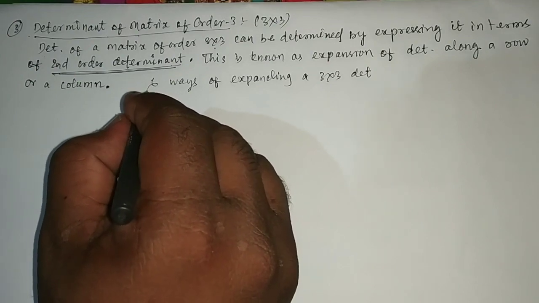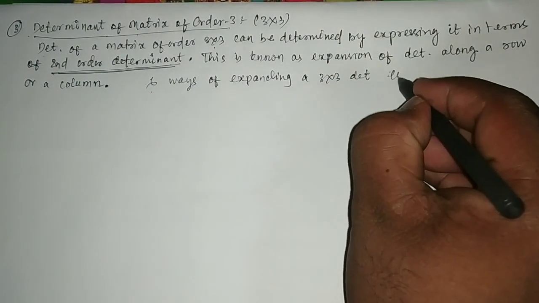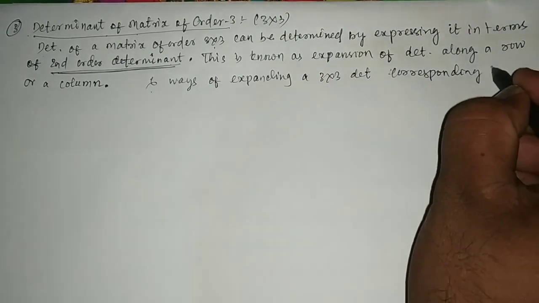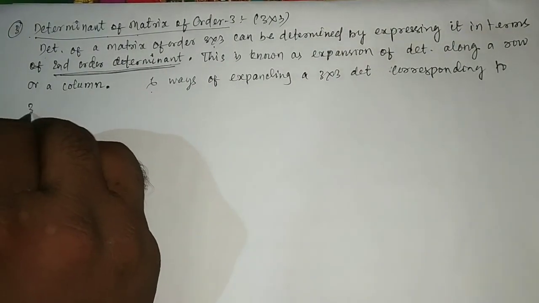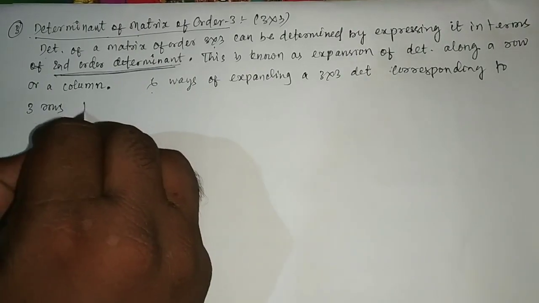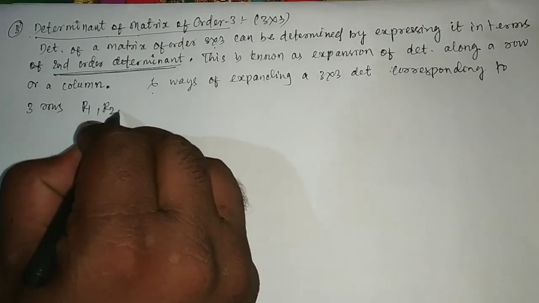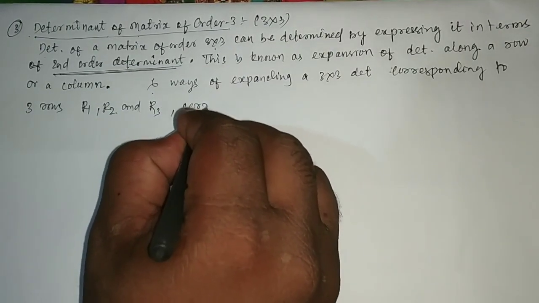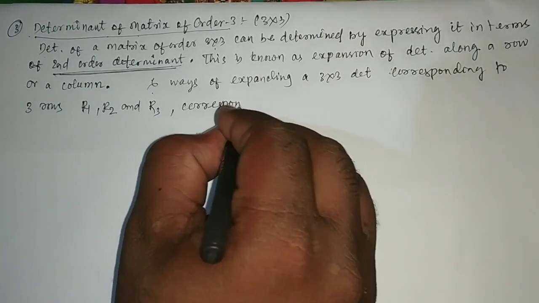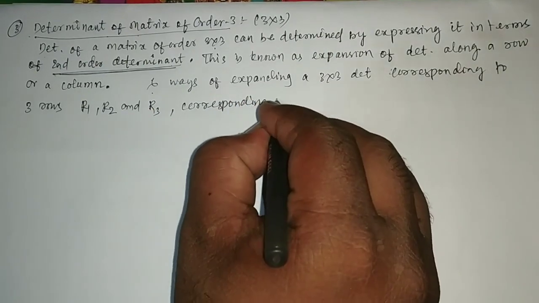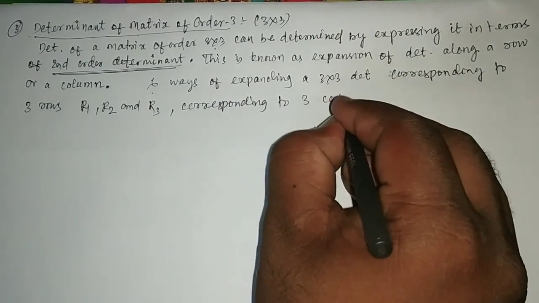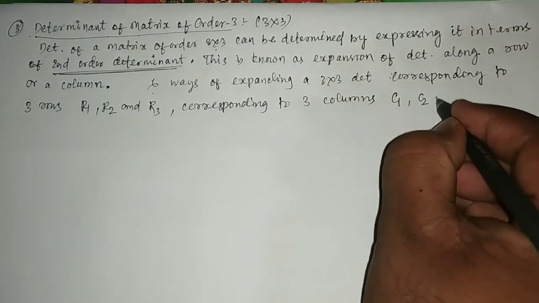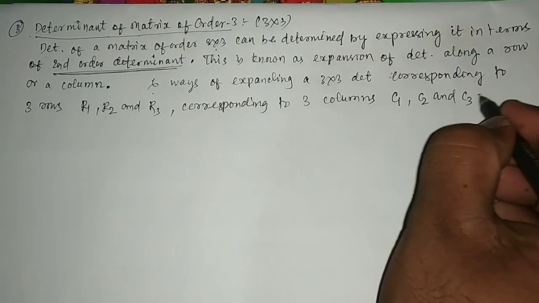among them corresponding to 3 rows R1, R2 and R3, similarly corresponding to 3 columns C1, C2 and C3.